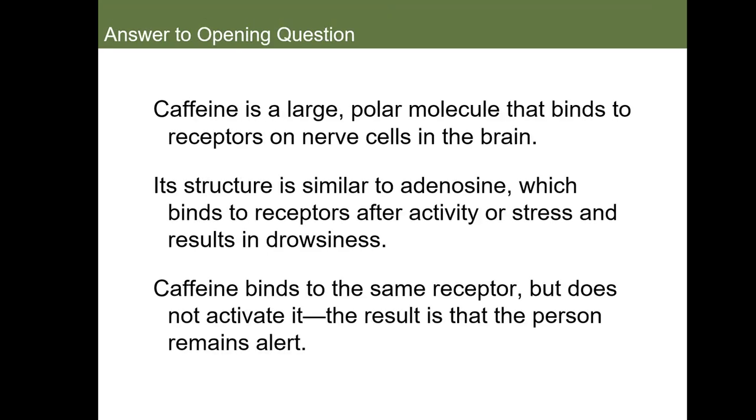Caffeine is a large polar molecule that binds to receptors on nerve cells in the brain. Its structure is similar to adenosine, which binds to receptors after activity or stress and results in drowsiness. Caffeine binds to the same receptor but does not activate it.